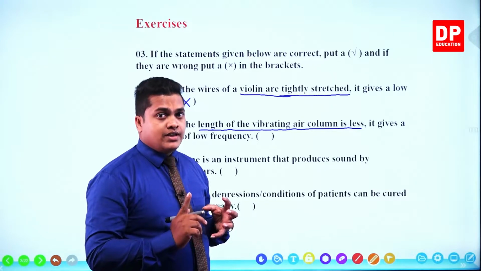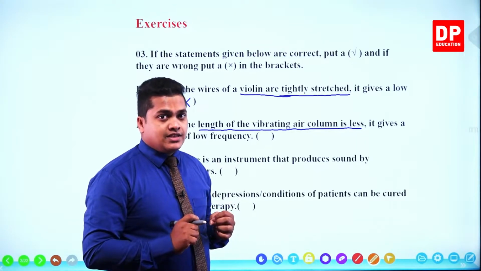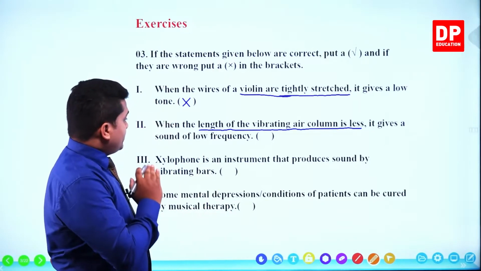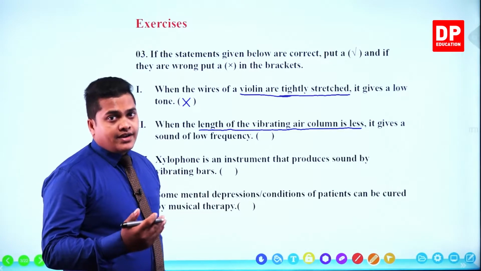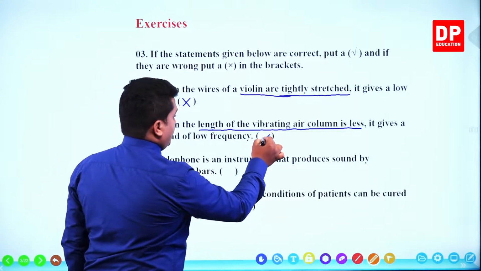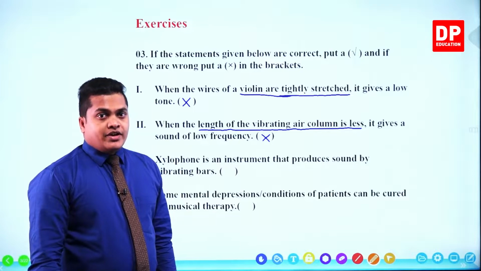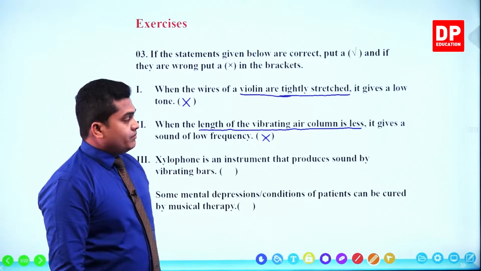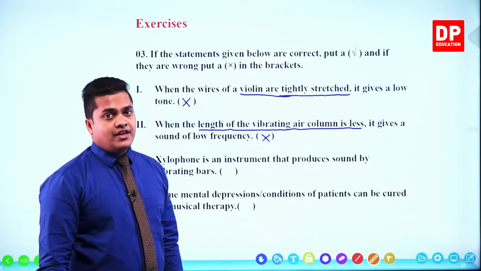That means, my dear children, the sound is not of less frequency, it has a greater frequency. So this statement is also incorrect, because when the length of the vibrating air column is less, it produces a high frequency sound.